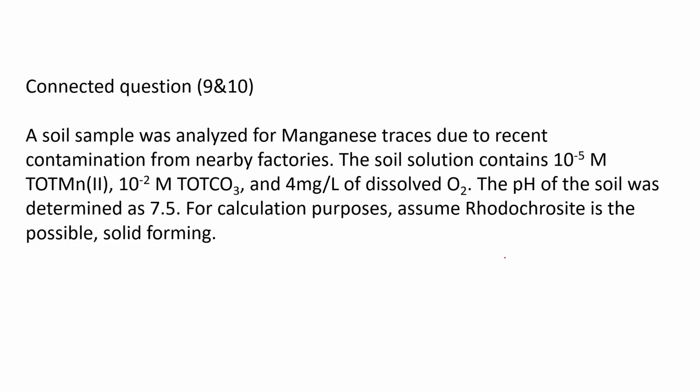The pH of the soil was 7.5. For the calculation purpose, assume rhodochrosite is the possible solid forming. So based on this, we can solve it further. So please note down all these things so that we can move to the question.